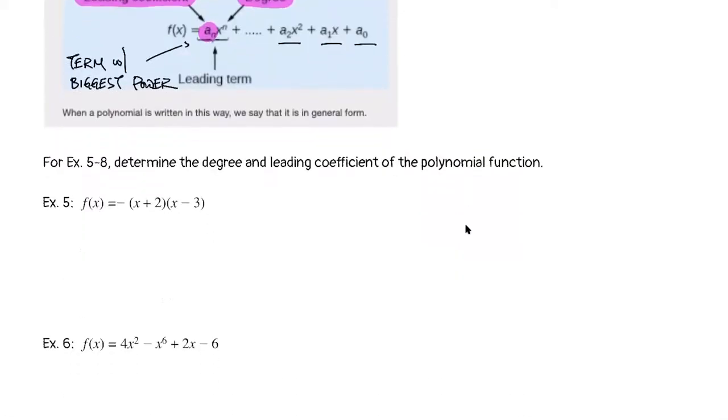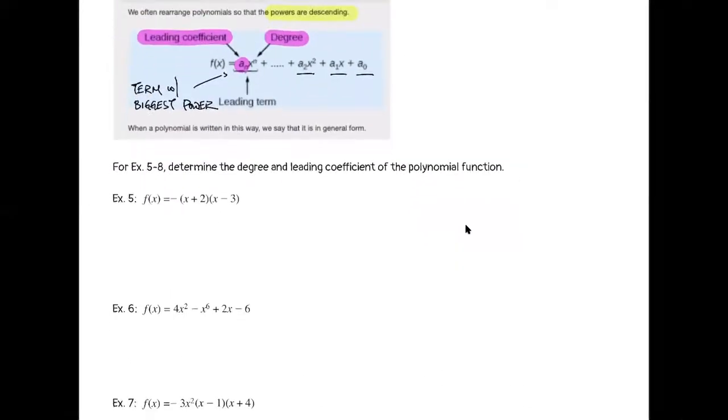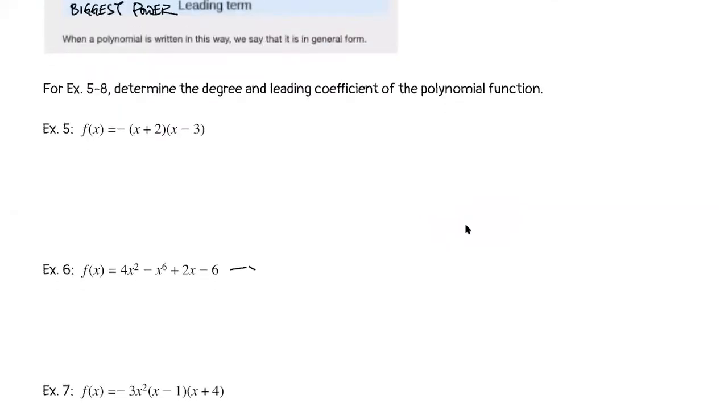So let's take a look at example number 6 real quick. Everybody see example number 6 down there? It's got 4x squared minus x to the 6th plus 2x minus 6. This one is in a form called standard form. We can think that standard form is already FOILed out for us.